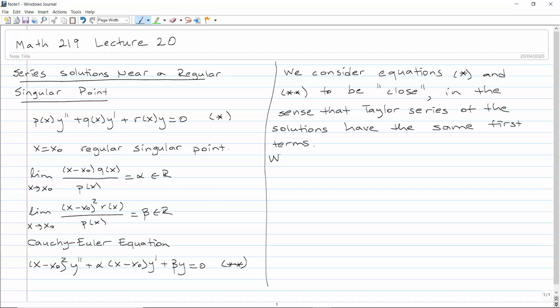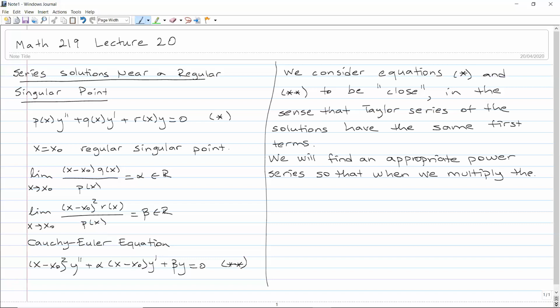So we will find an appropriate power series so that when we multiply the solutions of double star with this series, we get a solution of star.